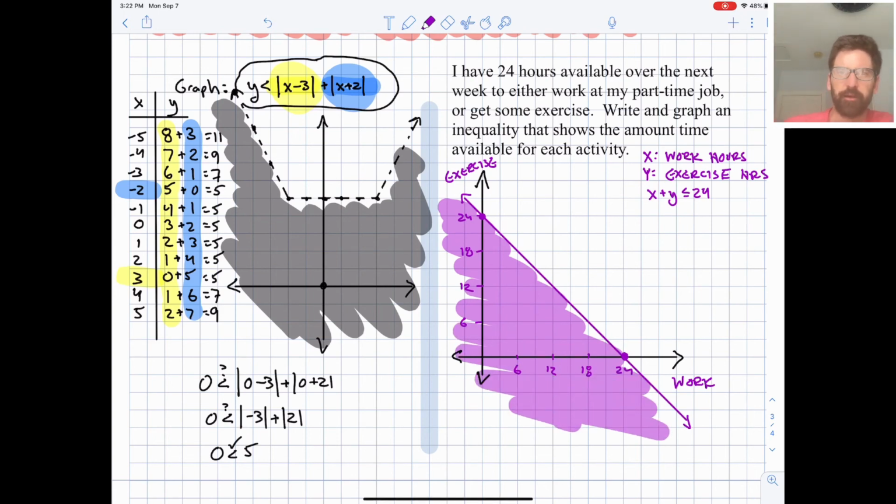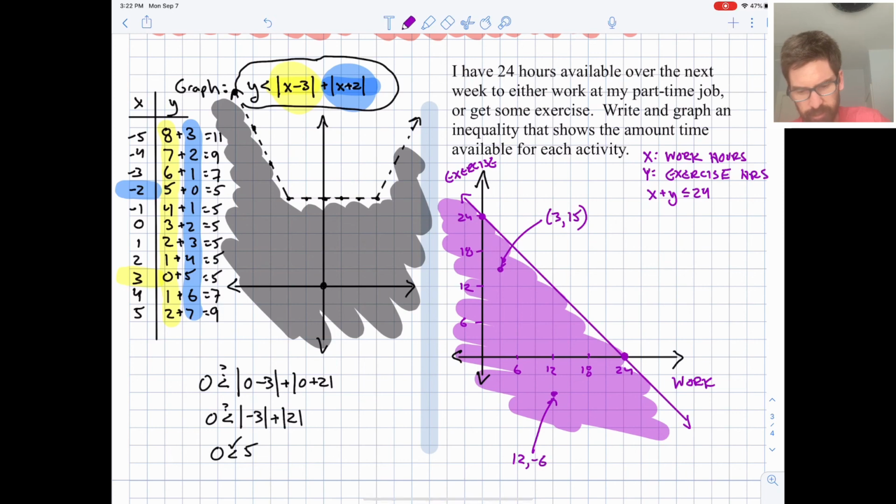But now we need to think about, are all those points actually valid in this real world situation? For example, is this point valid? This point right here is 3, 15. 3 hours of work, 15 hours of exercise. Yep, it meets my requirement. However, is this point valid? 12, negative 6. 12 hours of work and negative 6 hours of exercise?